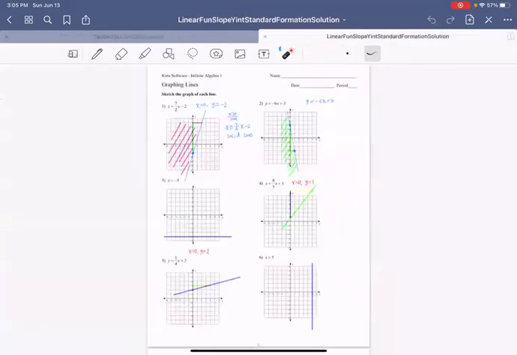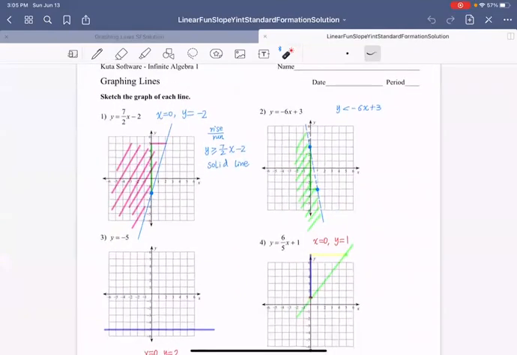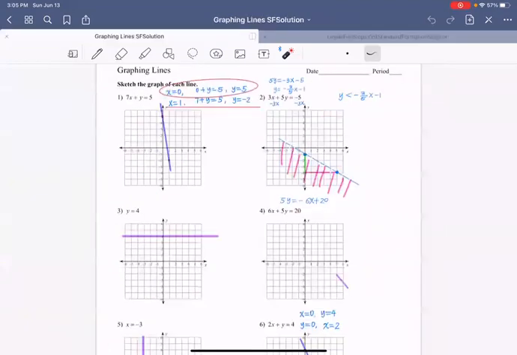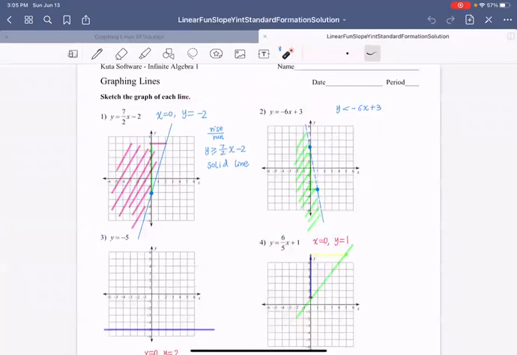Now let's come to a new topic. This is the first time we learn about this, okay? Well, in pre-algebra, I think I taught this a little bit. Now let's take this to an even higher level.